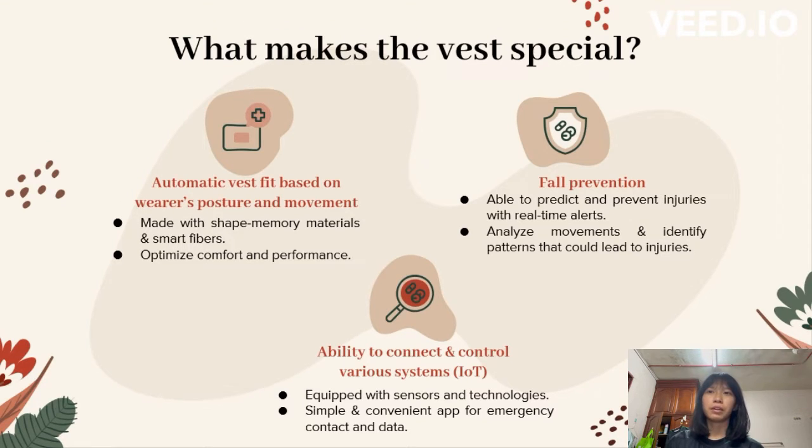The vest is applying unique Internet of Things and has the ability to connect and control various systems. It is equipped with sensors and technologies, which the connected app will continuously display the data from. When the system detects an abnormal situation, an alarm is automatically triggered for both the app and the vest itself.